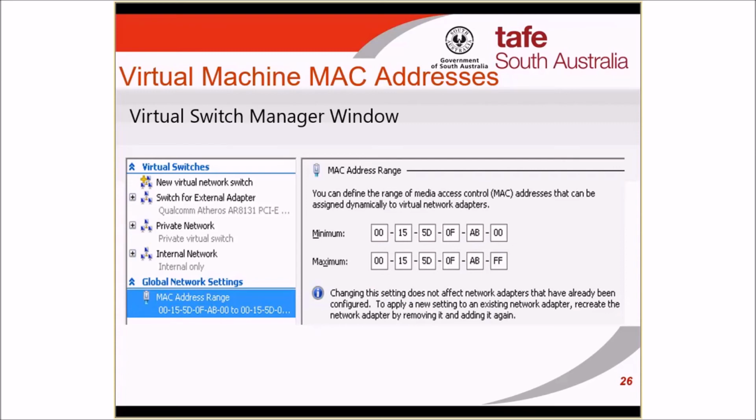But on a virtual machine, we can copy a virtual machine, we can clone a virtual machine, we can do lots of things with a virtual machine. And when we do copy a virtual machine, this MAC address potentially could be exactly the same. So here's an example of Virtual Switch Manager, and we can actually define the range of MAC addresses that we can allow on here, or we can manually go and change the MAC address of a virtual machine.